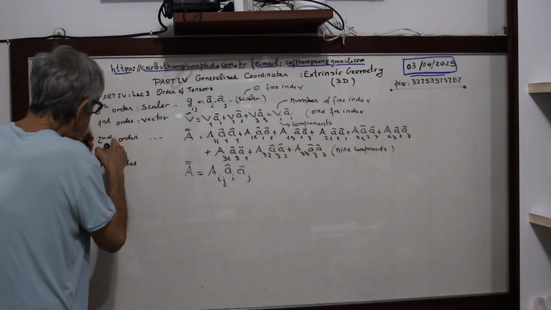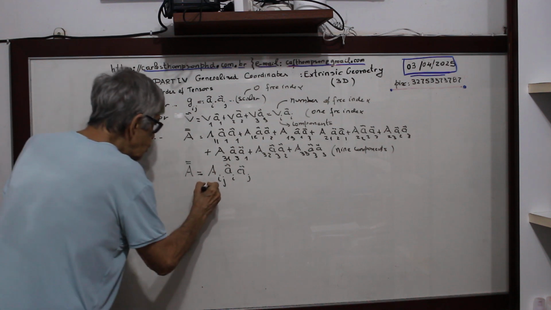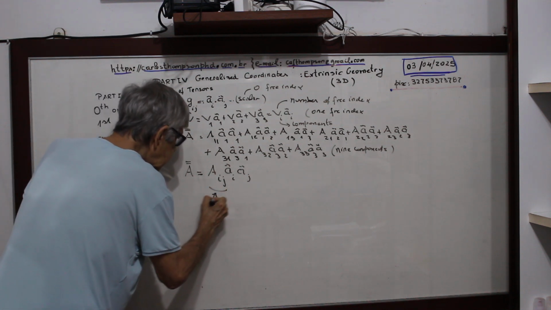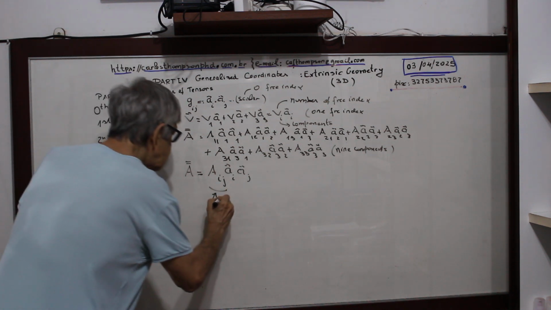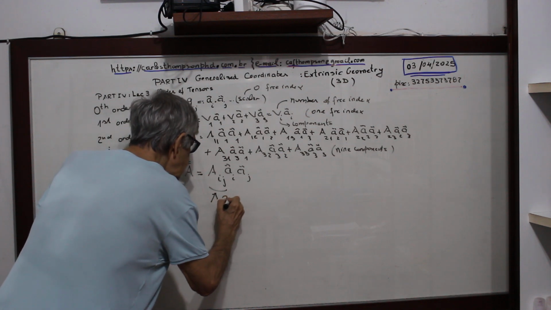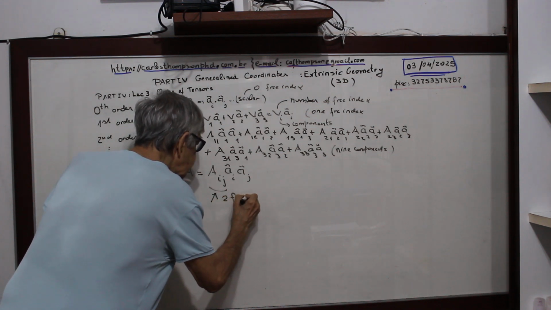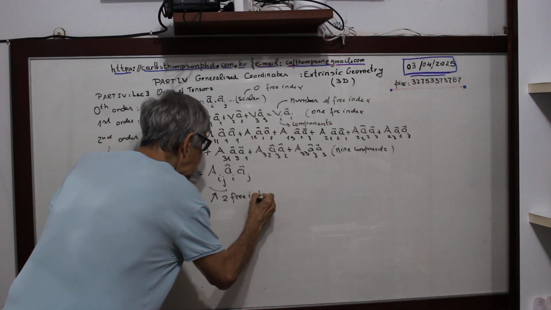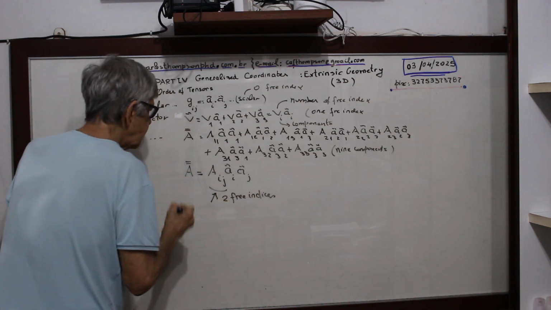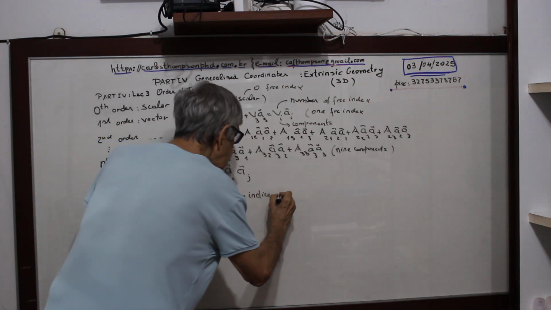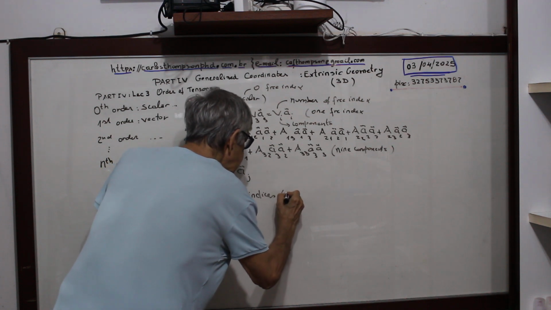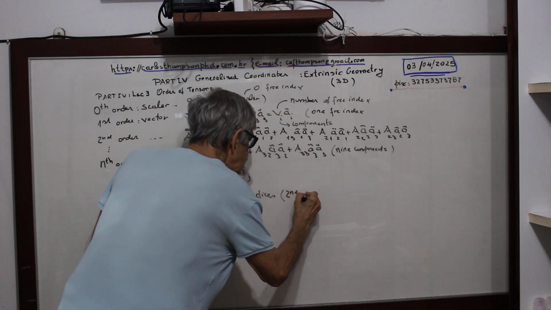Now, the name second order tensor, you just look for the components. You see, 2 indices. So this implies that it is a second order tensor.